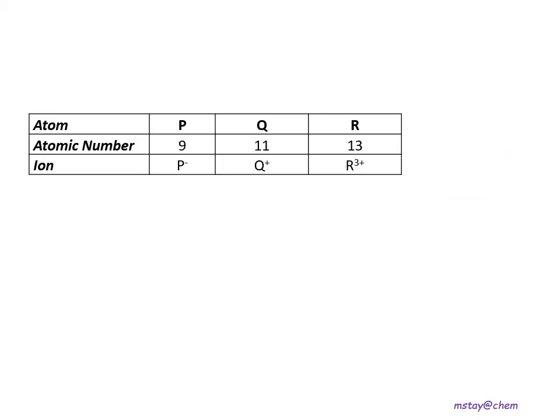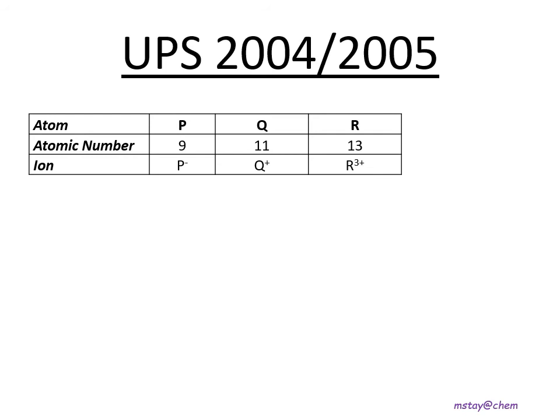Okay, let's discuss an extra question. This is a previous UPS question. According to the table below, we are given the atoms and also the atomic number, which is also considered as proton number.